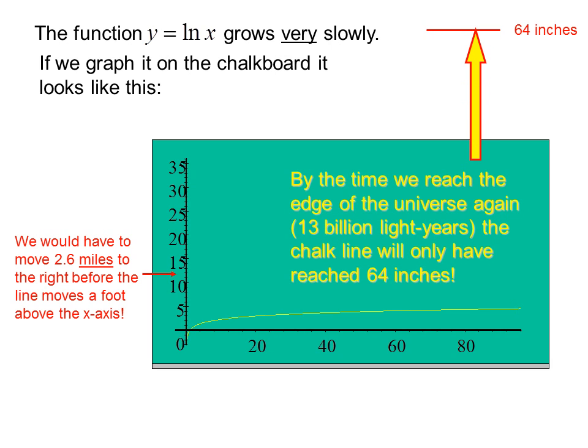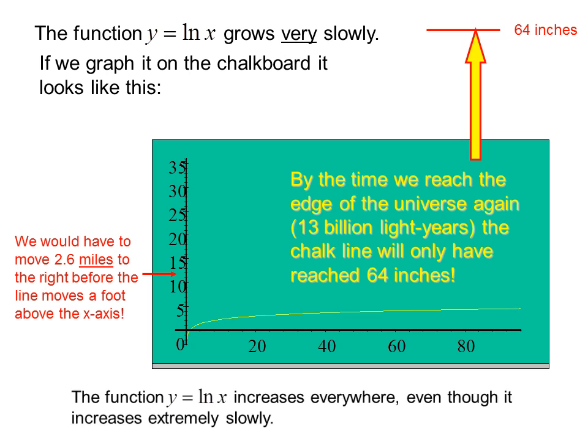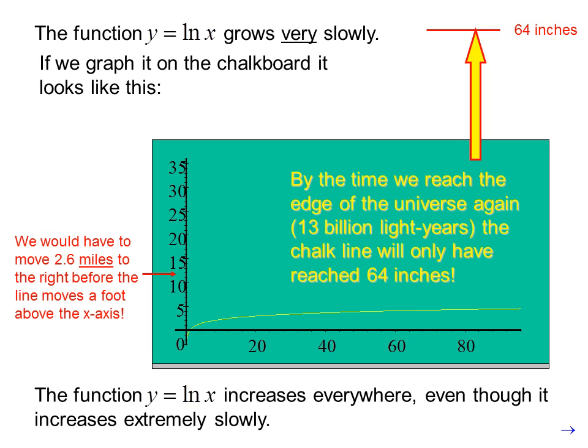By the time we reach the edge of the universe again, 13 billion light years, the chalk line will only have reached 64 inches. The function y equals ln x increases everywhere, even though it increases extremely slowly.